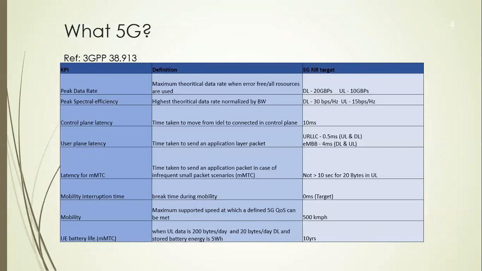And it may not receive huge data from the server either. So for those scenarios, the latency is not more than 10 seconds for sending 20 bytes of data in the uplink direction.